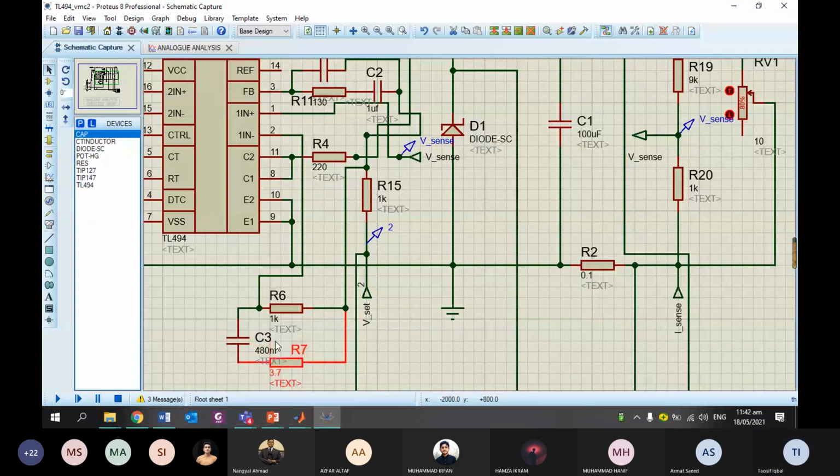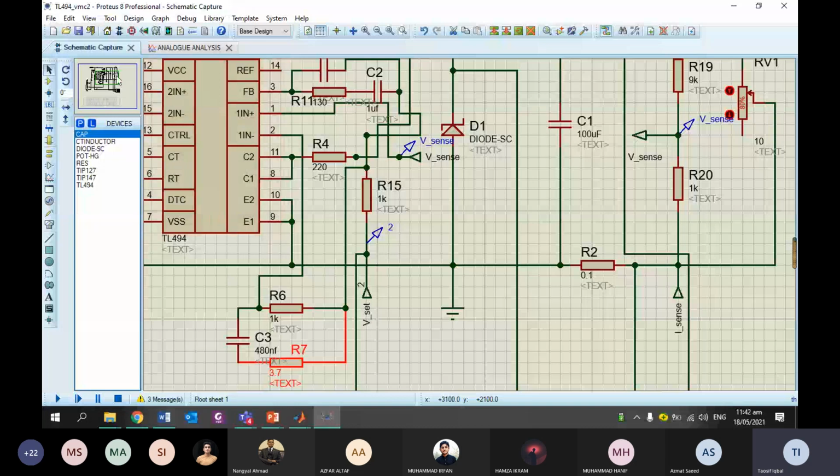Here you can see 1K is connected to pin 2 and V reference. Similarly, a 3.7 ohm resistance is connected, and a 480 nanofarad capacitance is connected in series with the 3.7 ohm.